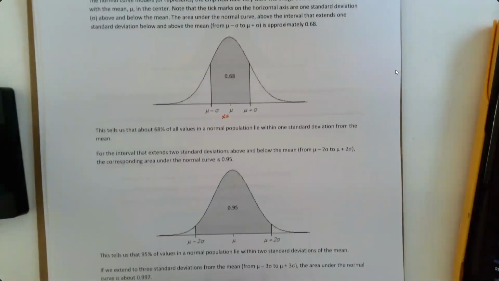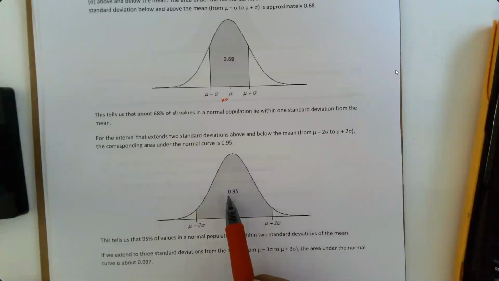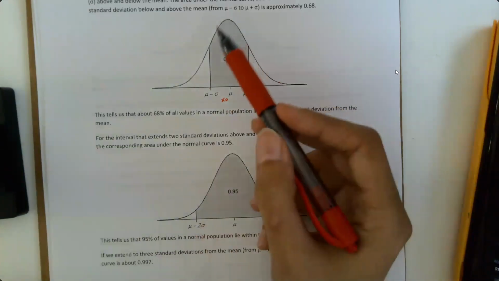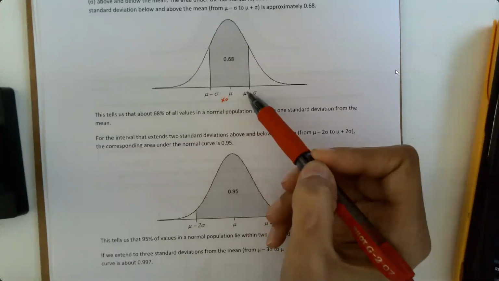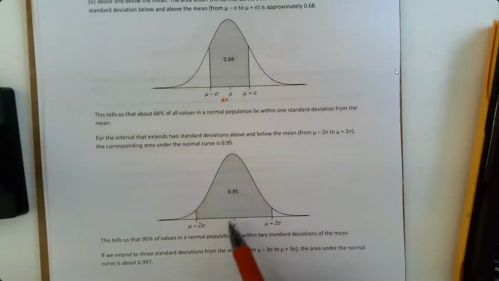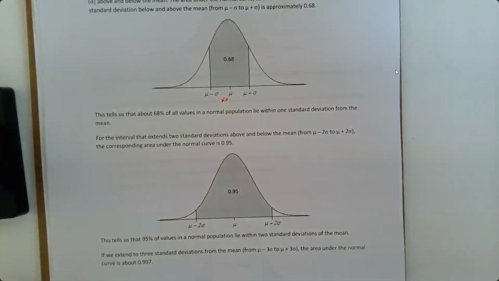Then 95% of the data lie below and above the mean within 2 standard deviations. 68%, 1 standard deviation, 95%, 2 standard deviations, and finally 99.7% within 3 standard deviations.